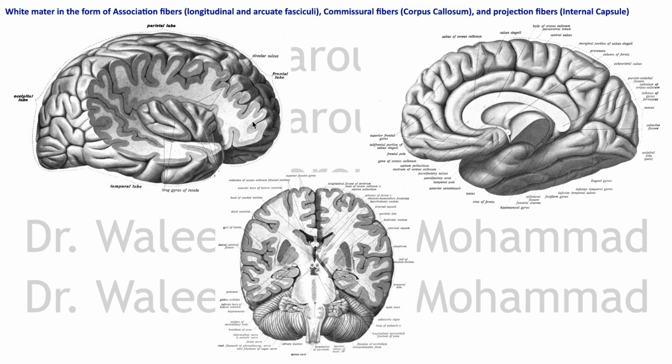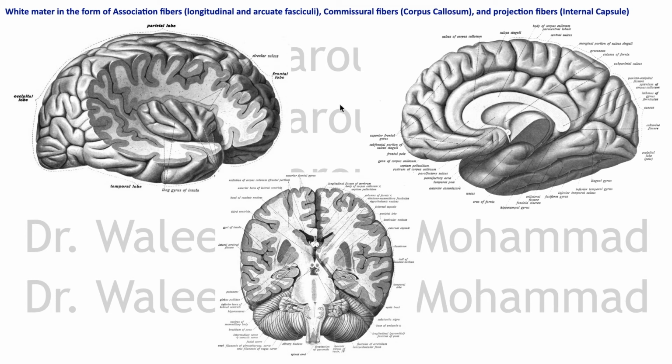Or long fascicles, like the superior longitudinal fasciculus and inferior longitudinal fasciculus. Another fasciculus is called the arcuate fasciculus. They connect parts of the same hemisphere. Remember this. These are classified as association fibers.